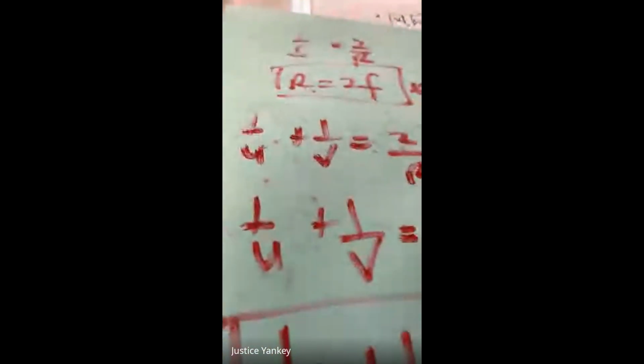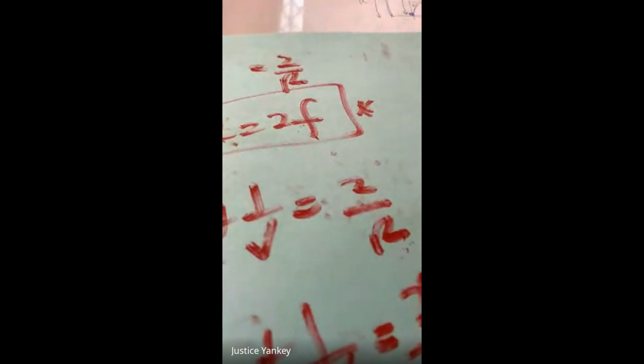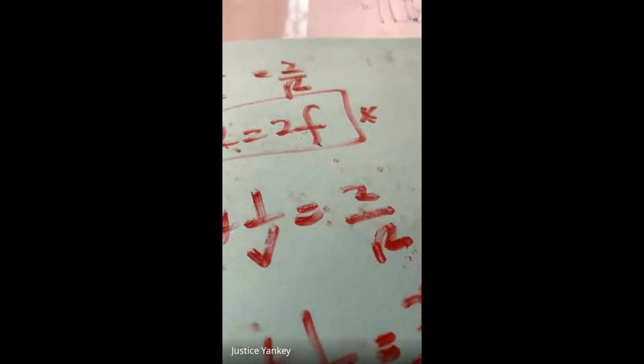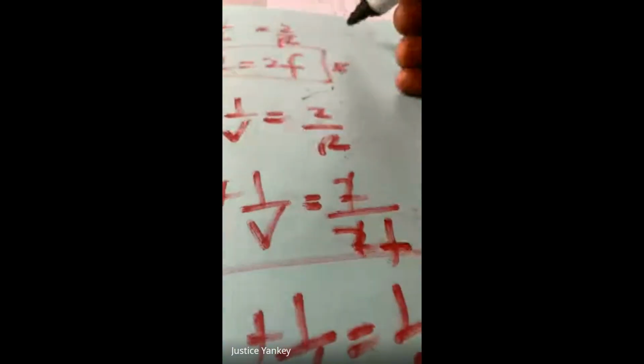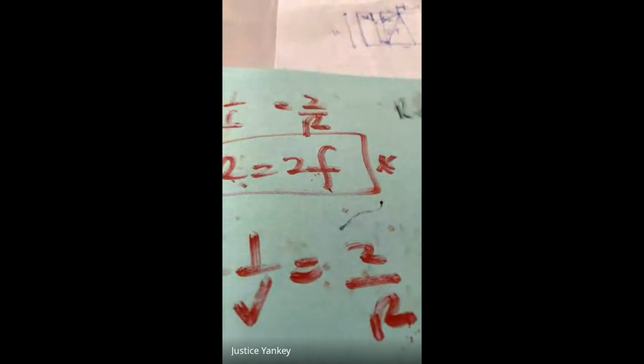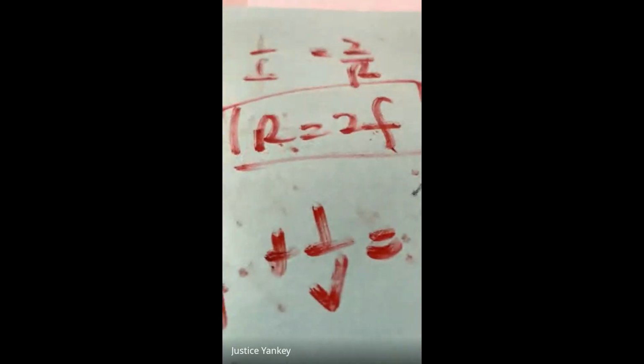In order to use this formula, 1 over u plus 1 over v equals 1 over f, here is the rule, I'm writing it down. The rule is that real is positive.